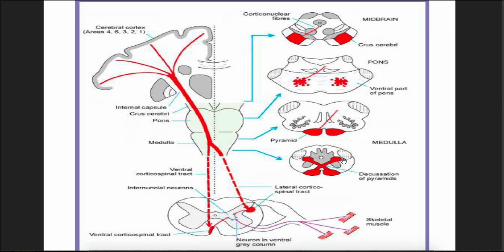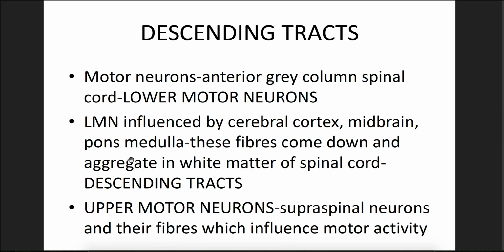And then those which will cross will be called the lateral corticospinal tract, and those which will not cross in the pyramids in the medulla will come down as the anterior corticospinal tracts. So I hope this picture helps you to understand what we are talking about and what their importance is. We know that the lateral corticospinal tract is crossed.